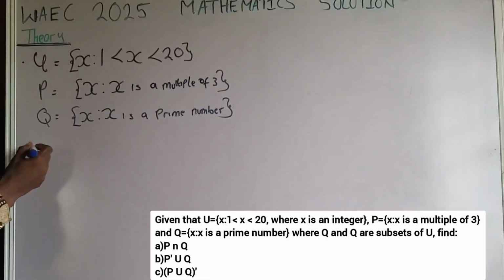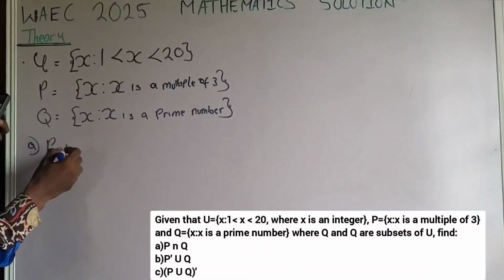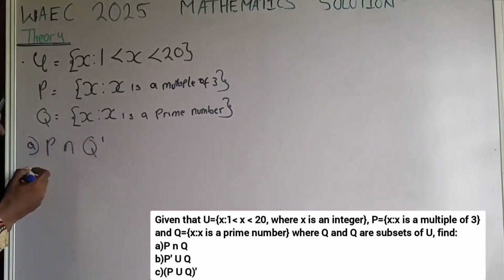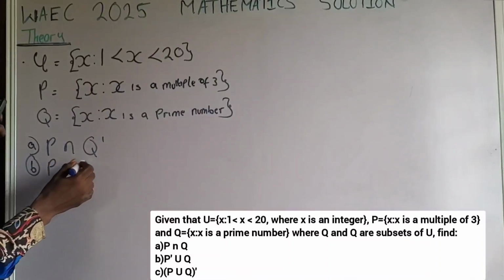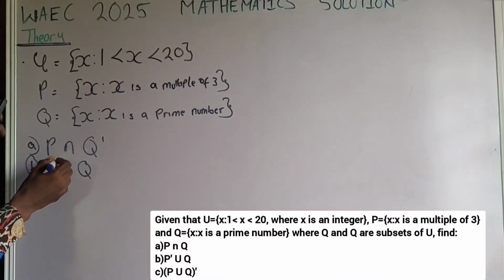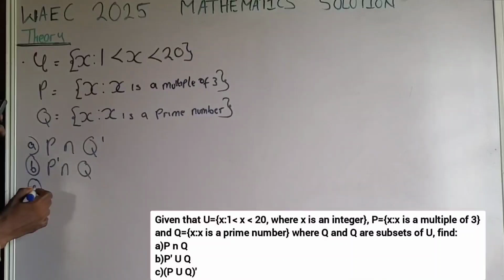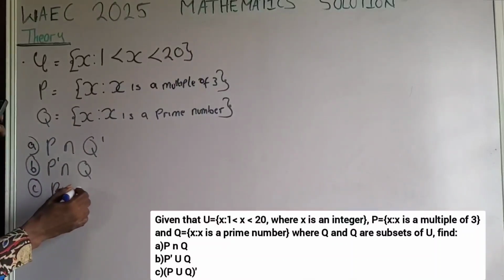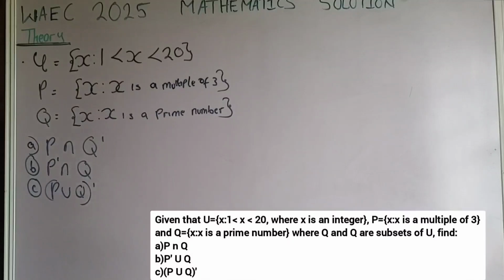We are asked to find P intersection Q prime. Then the second question is P prime intersection Q. Then the third question is P union Q prime. These are the three questions that we are given under this first question.